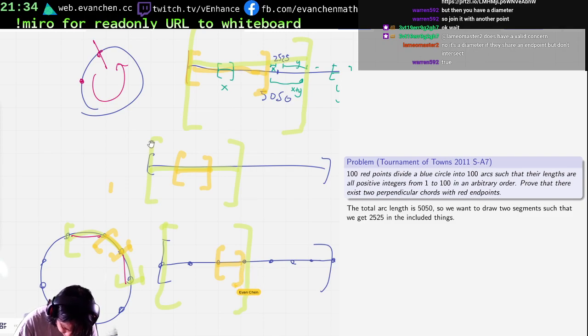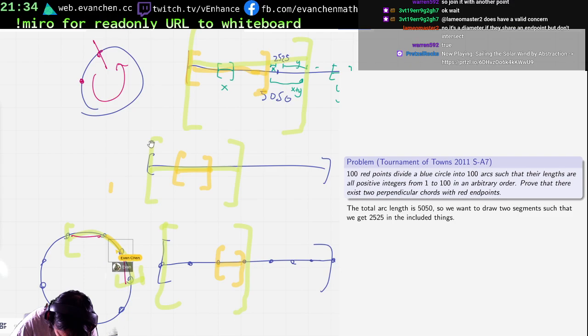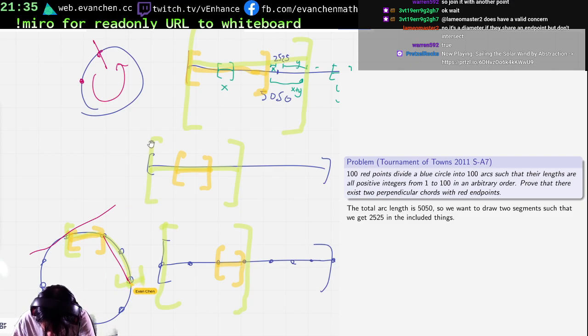Oh, okay, I see what you mean. Oh, that's sad. Well, at least that's the only case we were worried about, right? So, okay, what happens is you end up with a tangent here and a chord there. Those are the only bad cases, right?